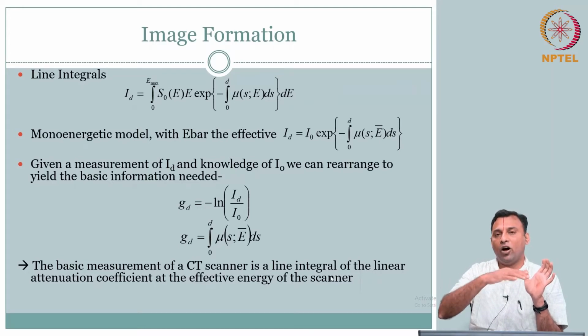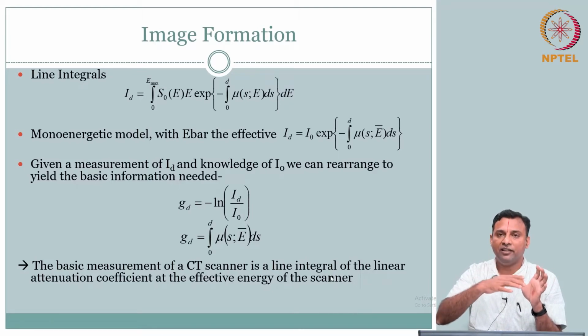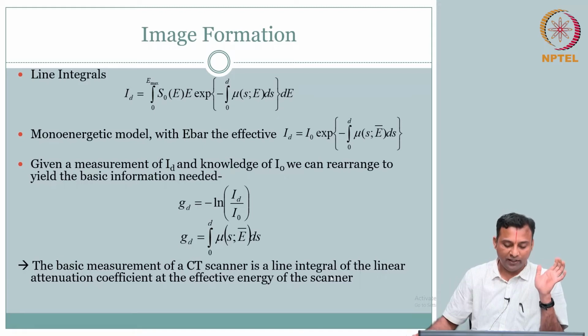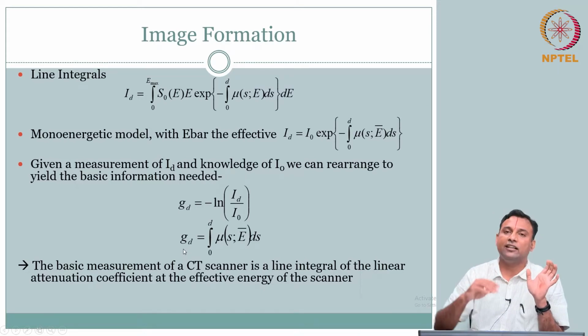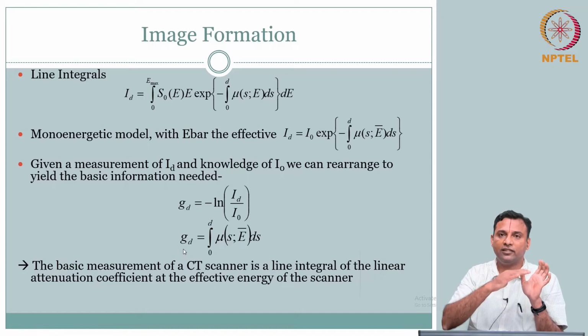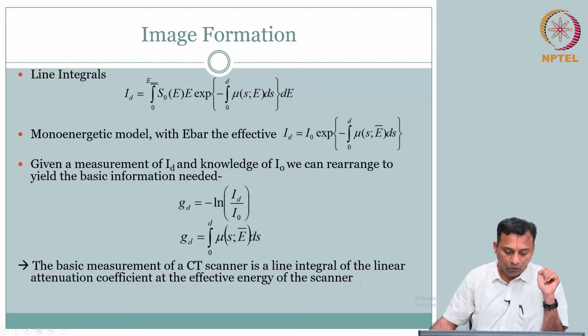The object is already there. So we need to reconstruct the object. It's constructed, but we don't know it. So we have measured the basic measurements in 3T. Using this basic measurement, we need to reconstruct the object, the slice that we want. That is the goal.